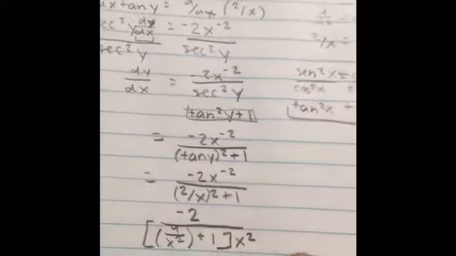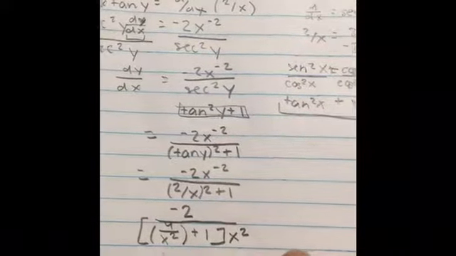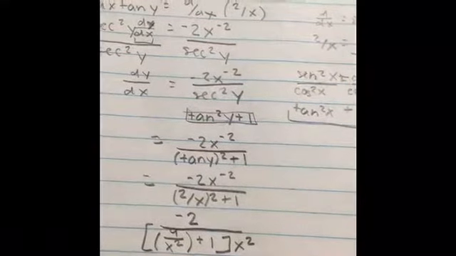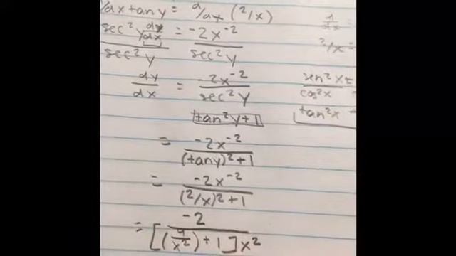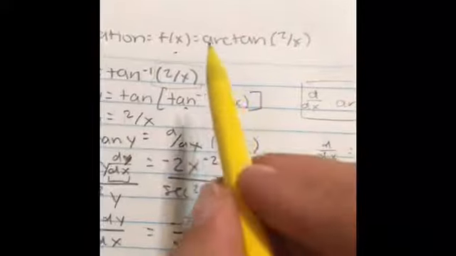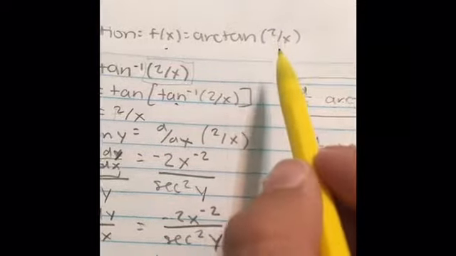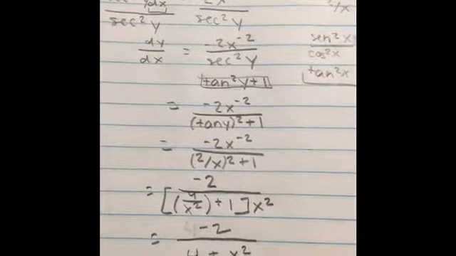And then x squared times 1 is x squared. And we keep the numerator. So the derivative of arctangent times 2 over x is negative 2 over 4 plus x squared.